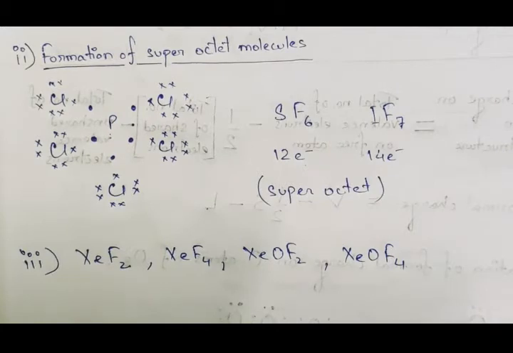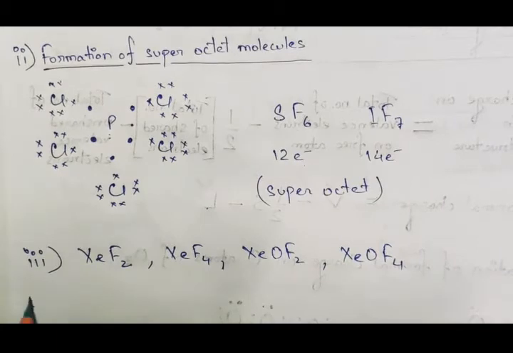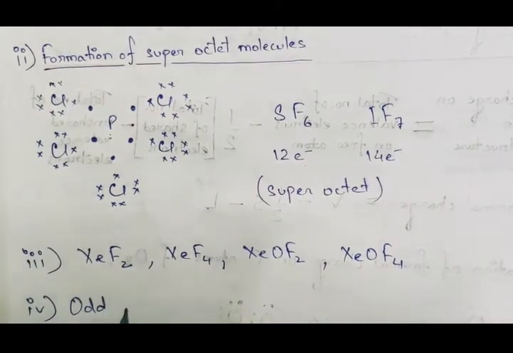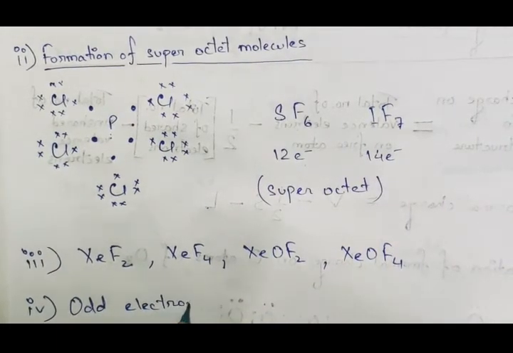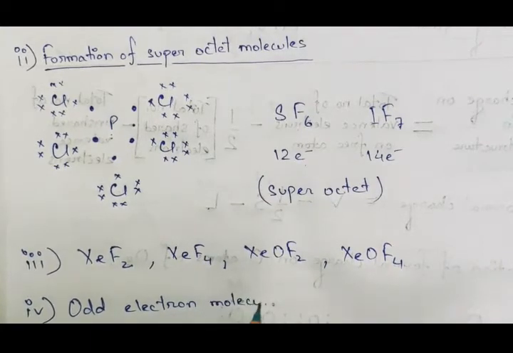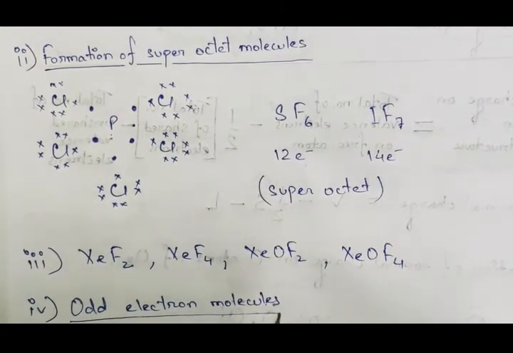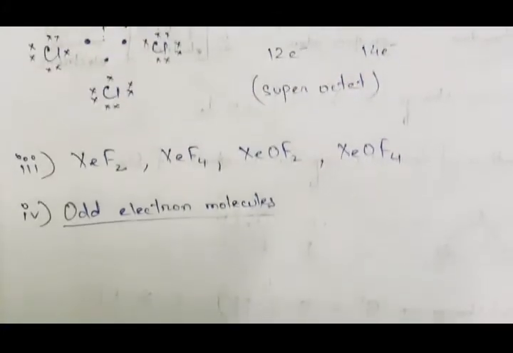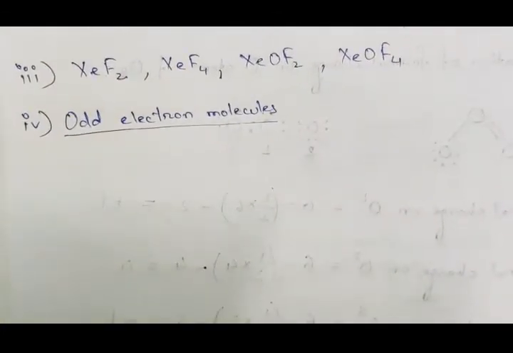Again, in some of the odd electron molecules, this octet rule is not applicable. Now what is this odd electron molecule?